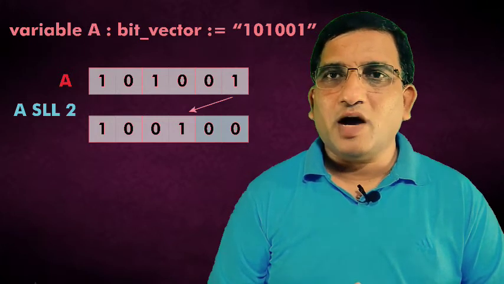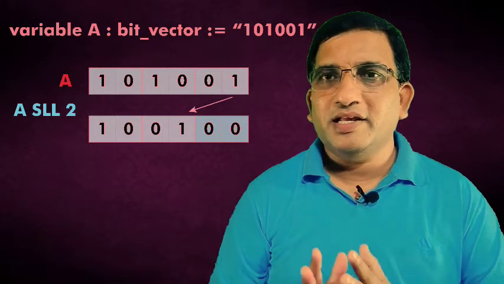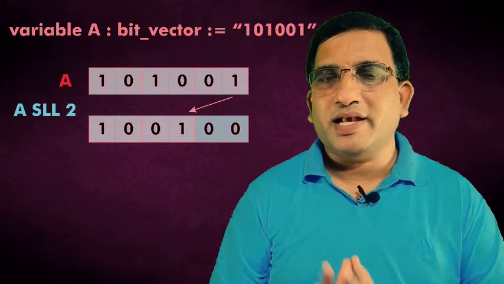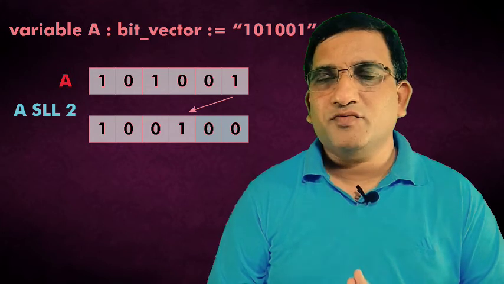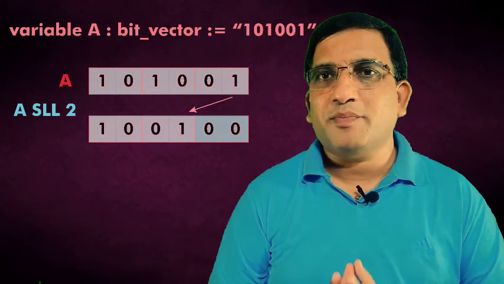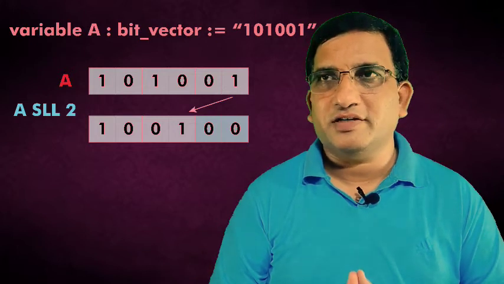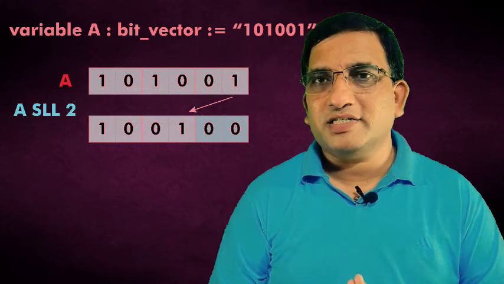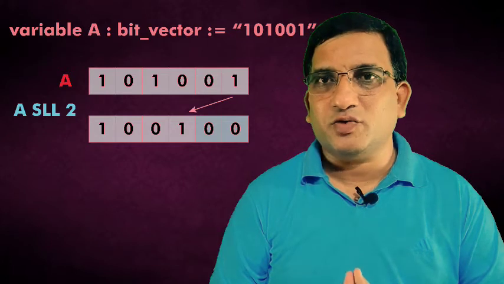Now when I apply the first operator and use the command A SLL 2, that is shift left logical, when we shift the data present in a by 2-bit positions to the left, then the rightmost 2 bits will become vacant, and those rightmost 2 bits will be filled with zeros.